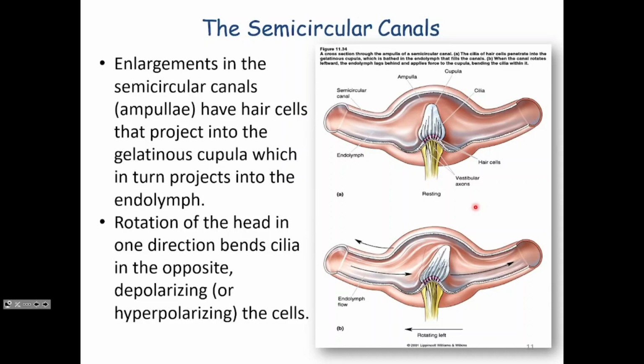So what you are seeing there, you are moving towards the left, and you are seeing the endolymph moving this way, causing the cupula to move. And as it is moving, the stereocilia are moving towards the kinocilium, opening the tip links and the potassium.